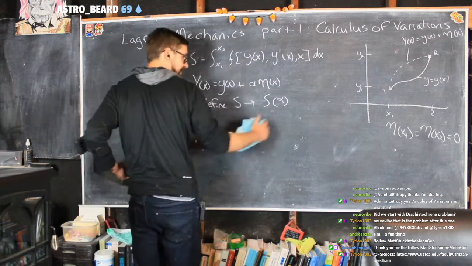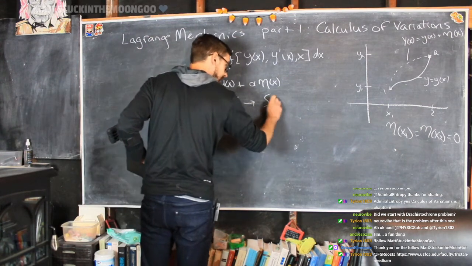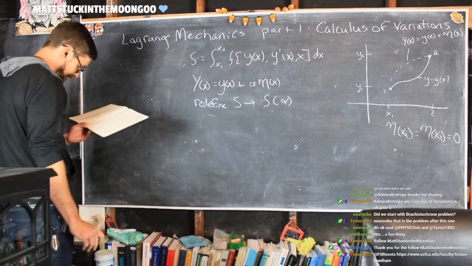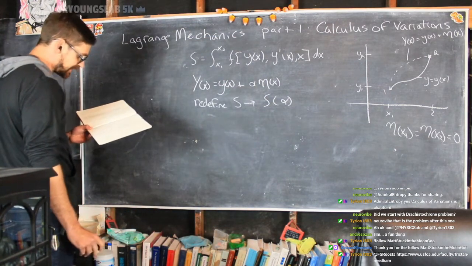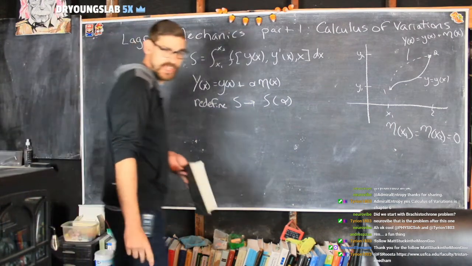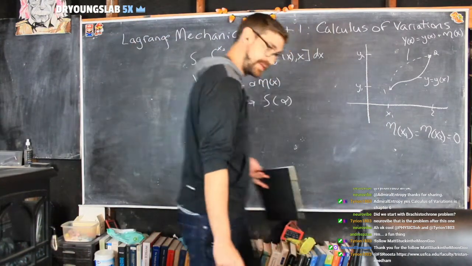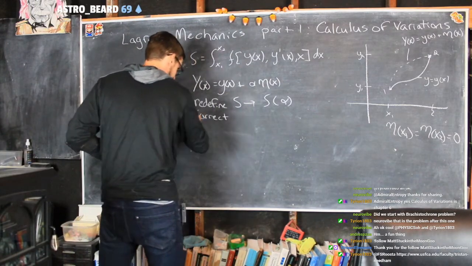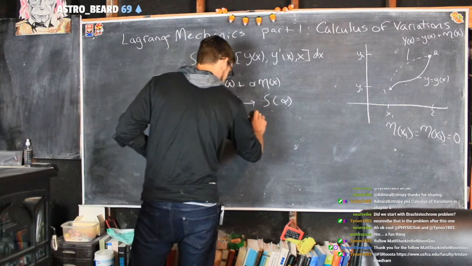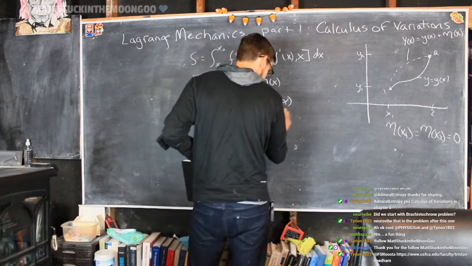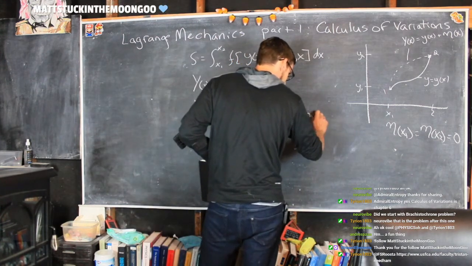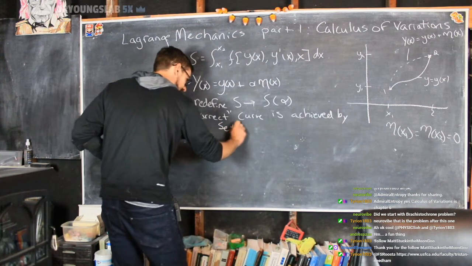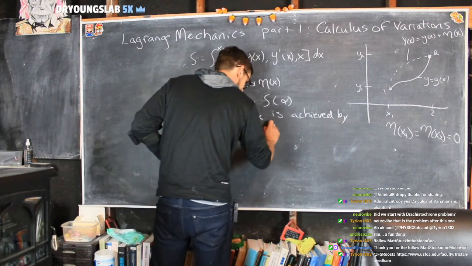Let me write that a little cleaner. Alpha. Brilliant. So now the correct curve is achieved by setting alpha equal to 0.